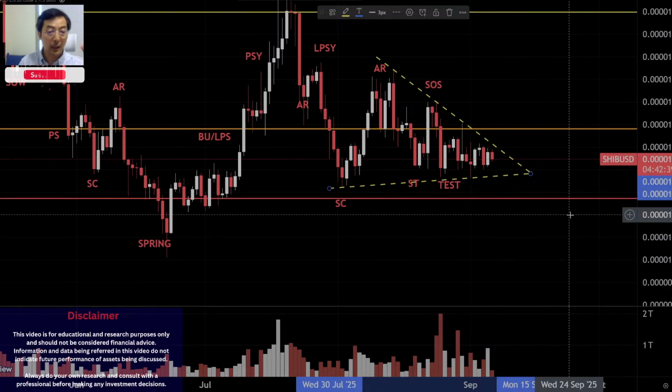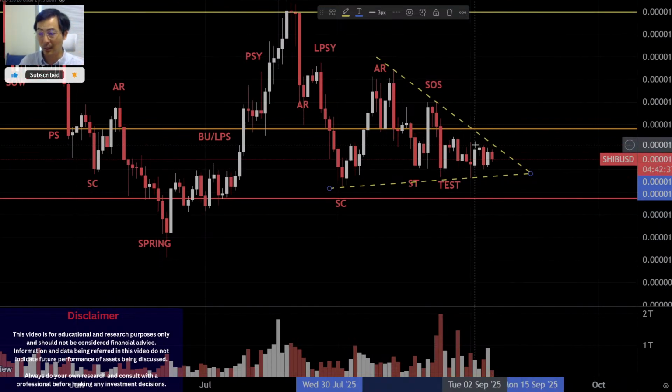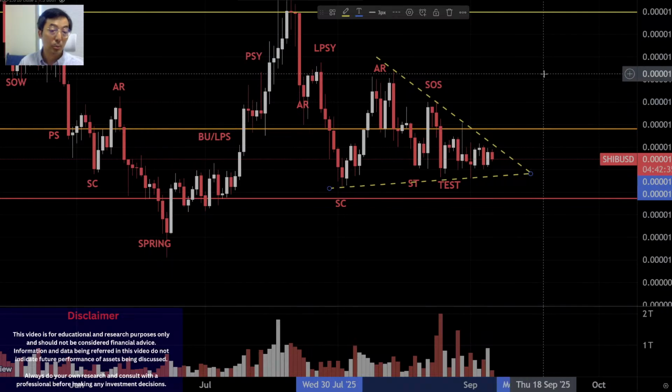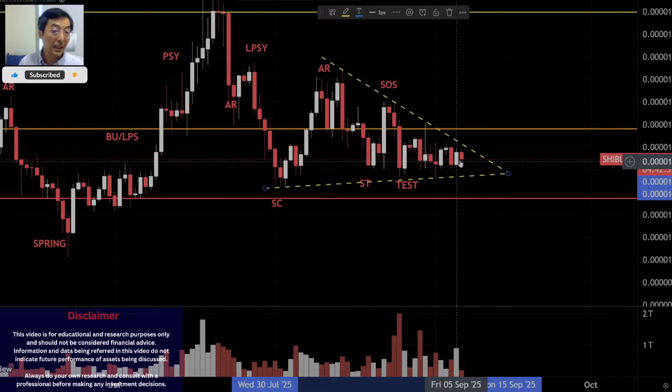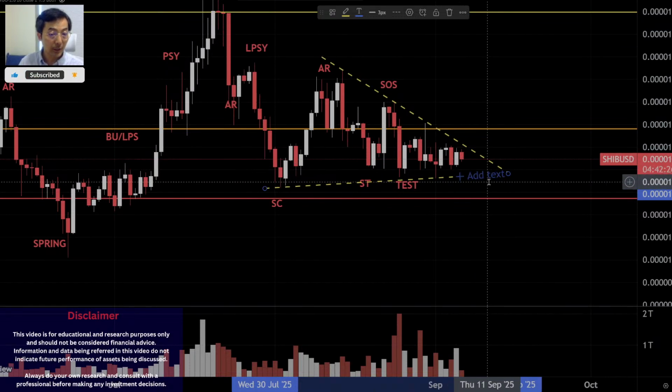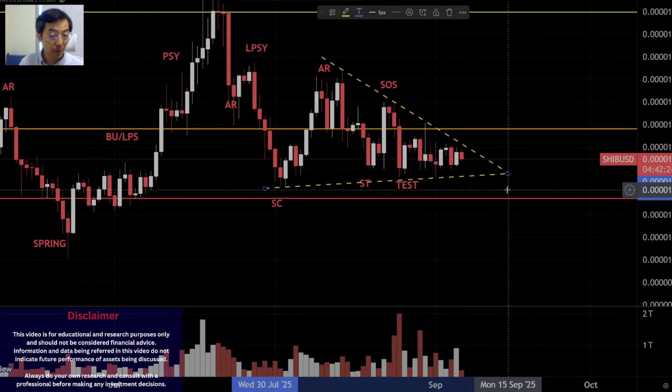So according to candlestick pattern analysis, a descending wedge is somewhat a bullish sign, because when it eventually breaks out, it's likely going to head to the upside. So with this wedge, it's showing us a time frame, a date. September 15th is the tip of the wedge.